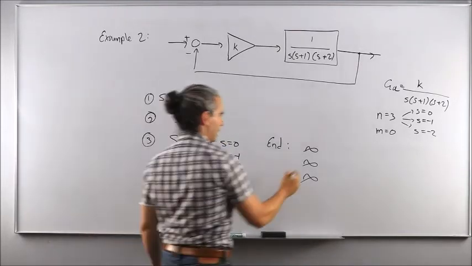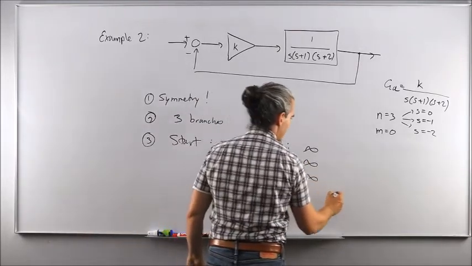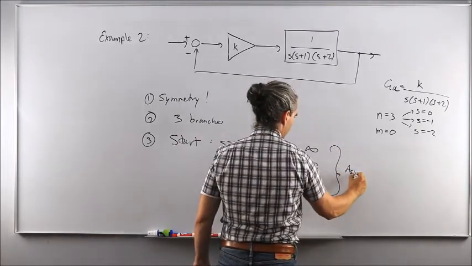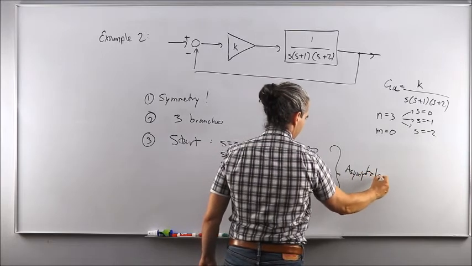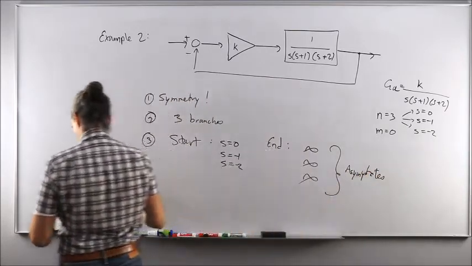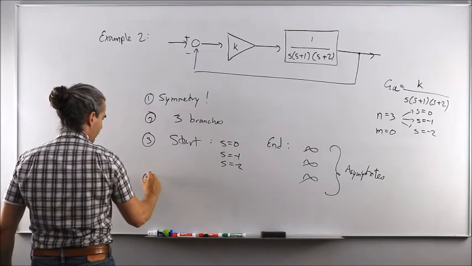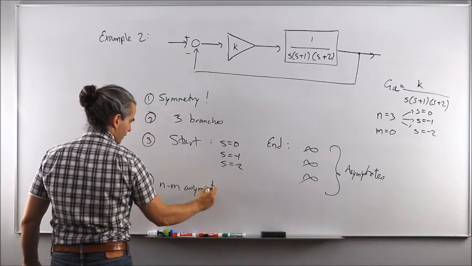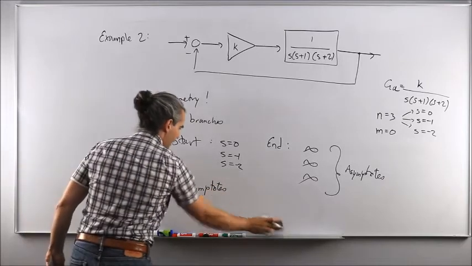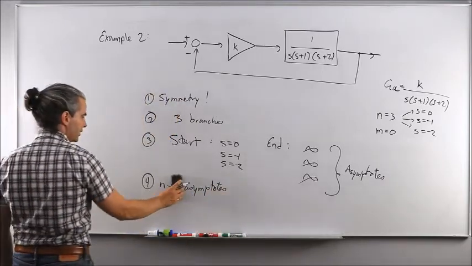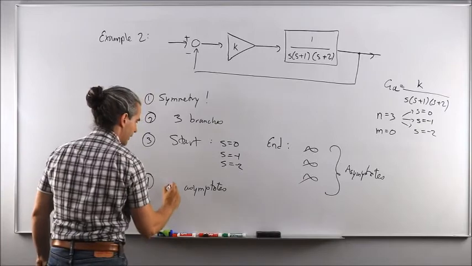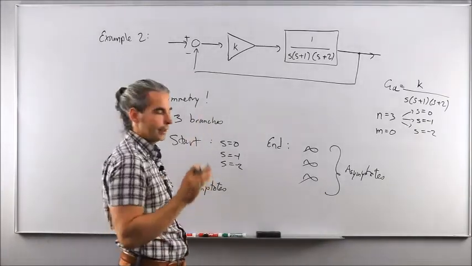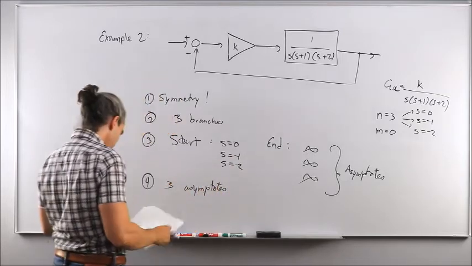And that tells me that I've got 1, 2, 3 asymptotes. Okay, because in step 4, n minus m asymptotes. N minus m in my case is 3 minus 0. So I've got 3 asymptotes towards which my poles will fly off at k equal infinity.